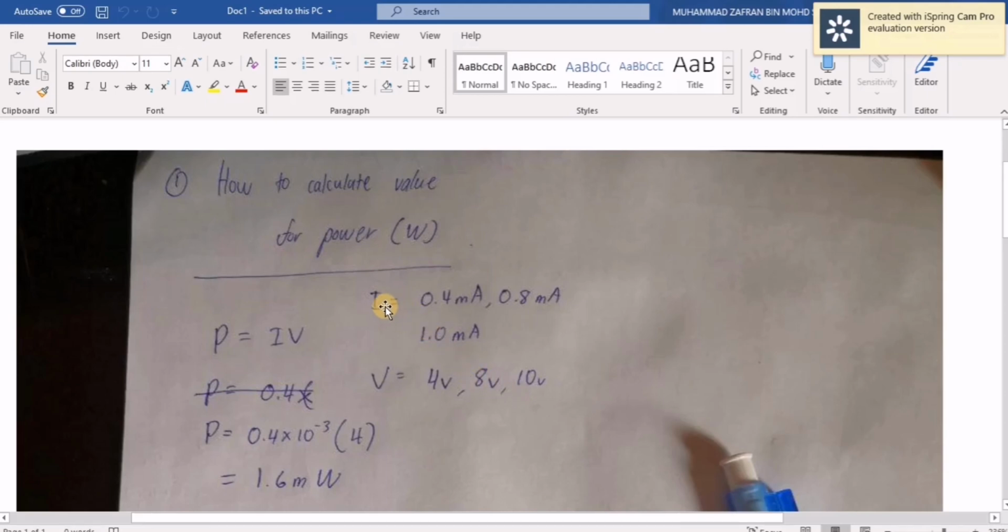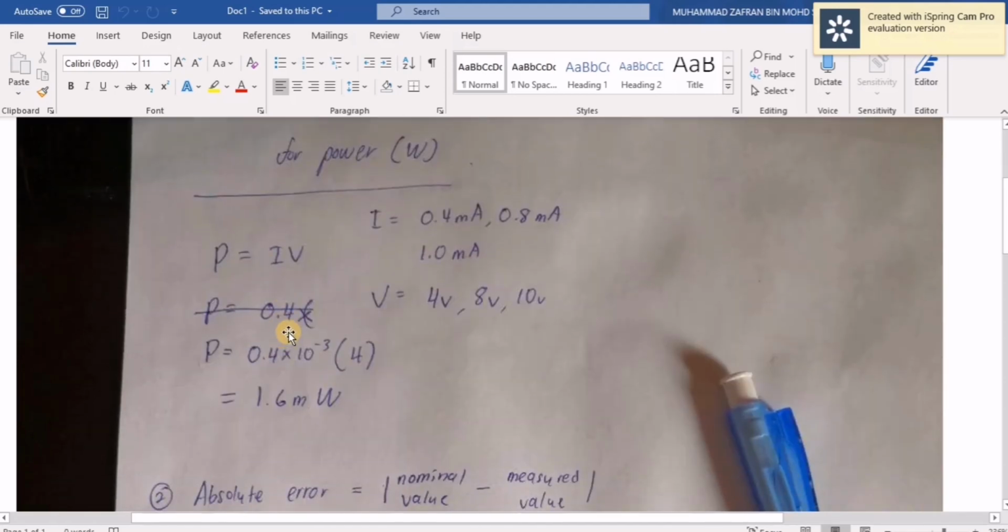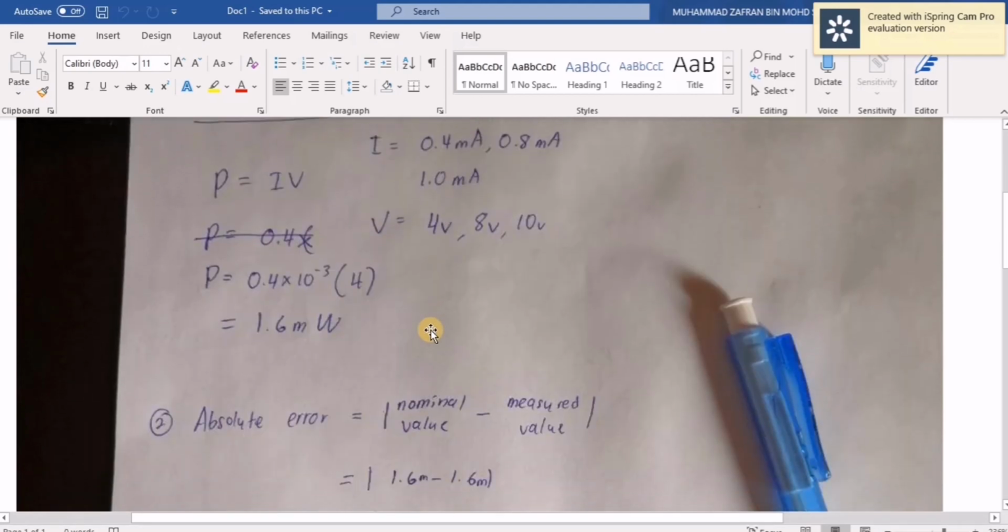And for the current, we use 0.4 milliampere, 0.8 milliampere and 1.0 milliampere. So we just fill it in: 0.4 times 10 to the power of -3 multiplied by 4, we get 1.6 milliwatt. This is the calculated value for the 4 volt power supply.